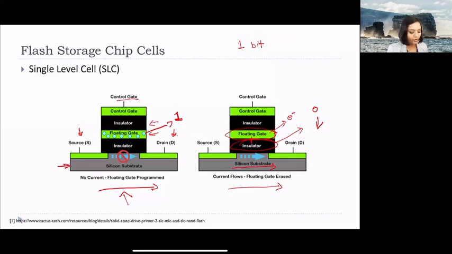SLCs perform much better. It gives more reliability, but at the cost of high price and, what was the last one I said just now? More space occupancy. Yes. So good performance, good reliability.